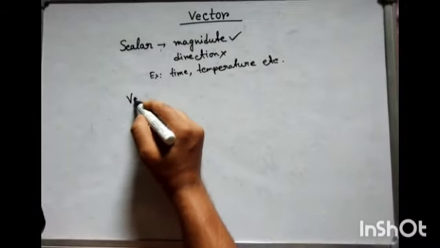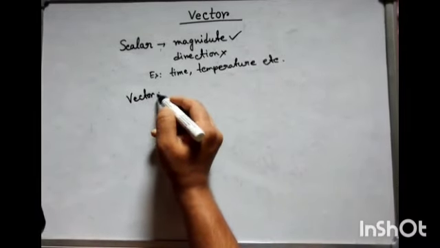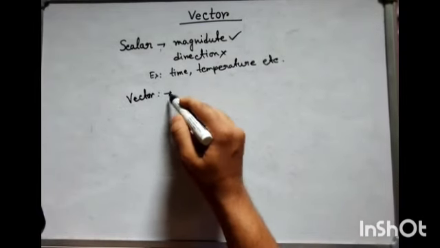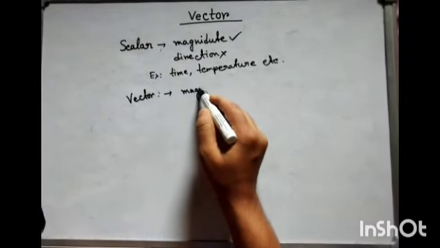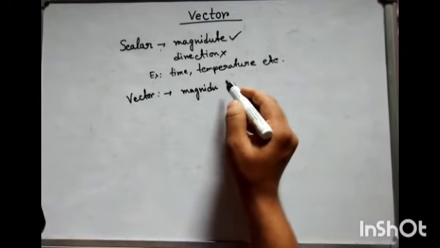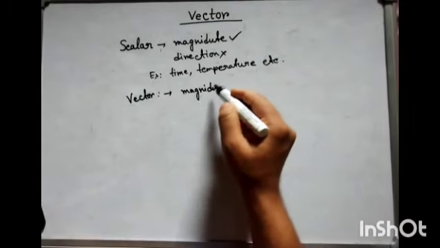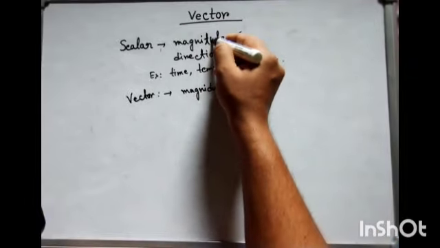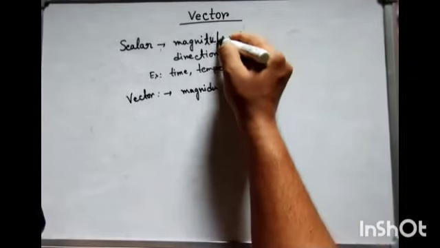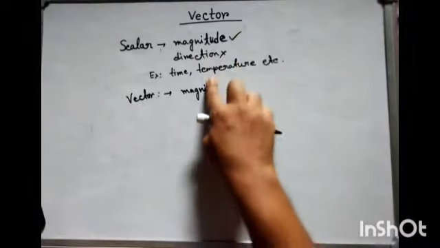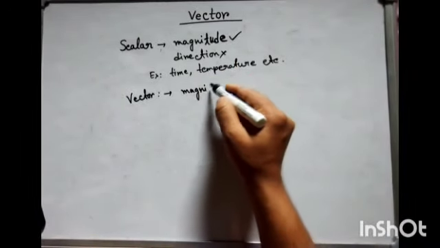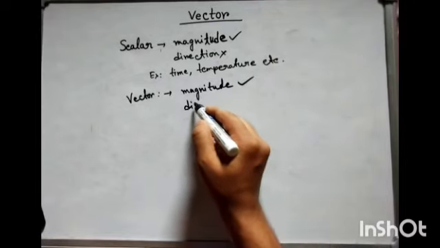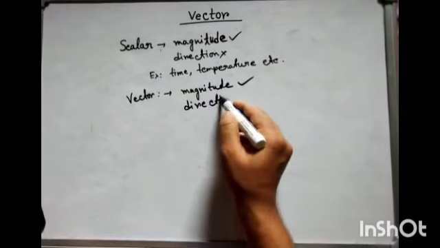Now, a vector has both magnitude as well as direction.